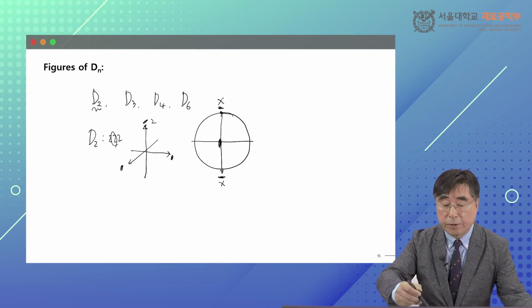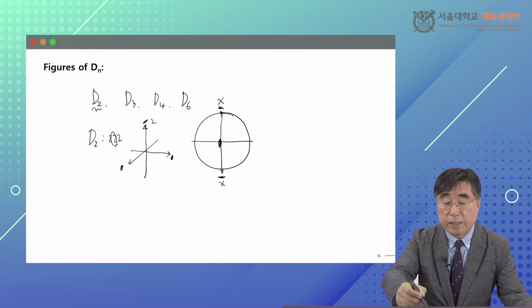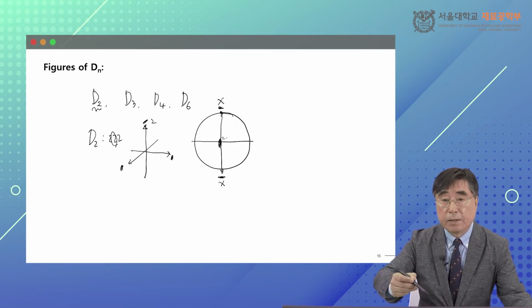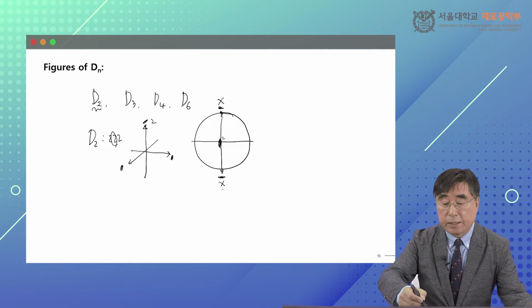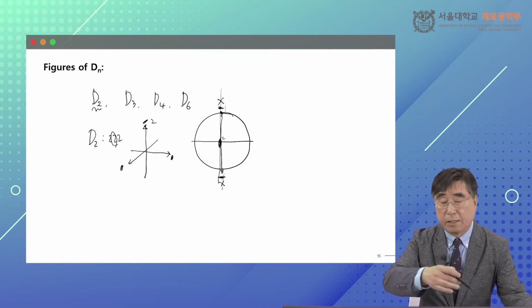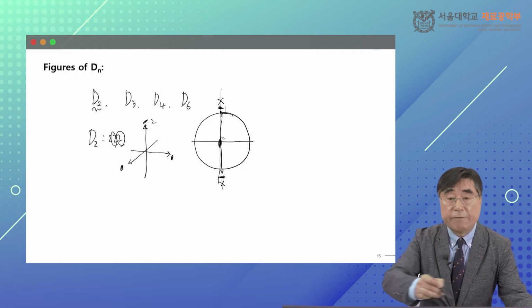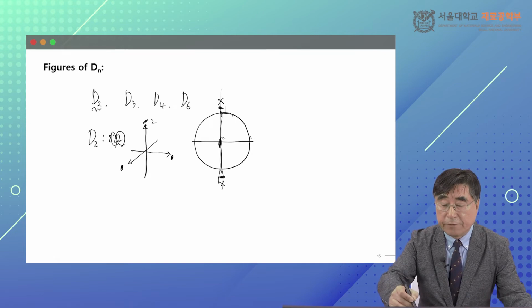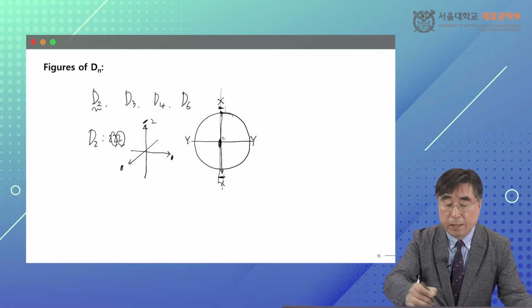So when I call this axis X, this one is the same as X because it has twofold symmetry. But this rotation axis is the same, so X basically is the same thing. So one more axis should be defined. That is defined as Y in here, and that's also twofold.